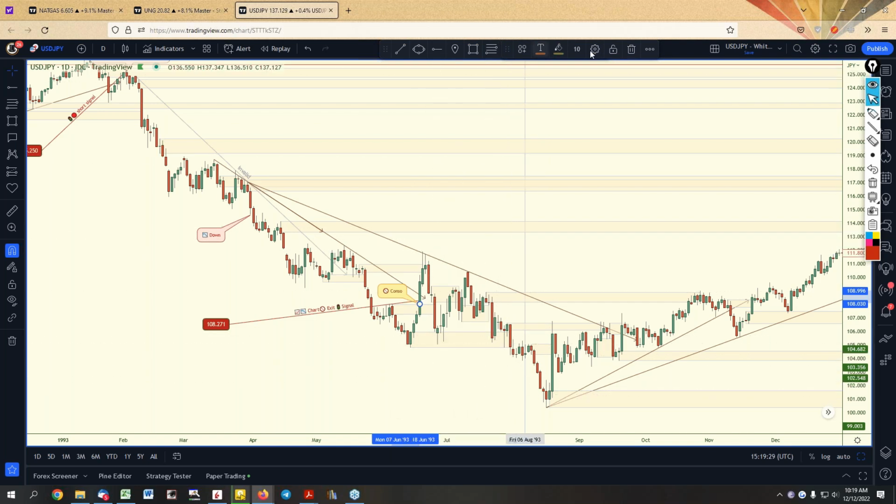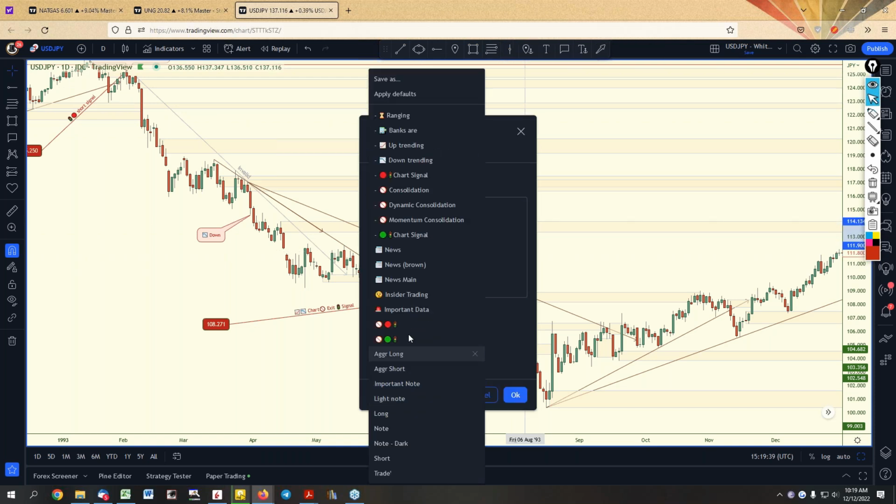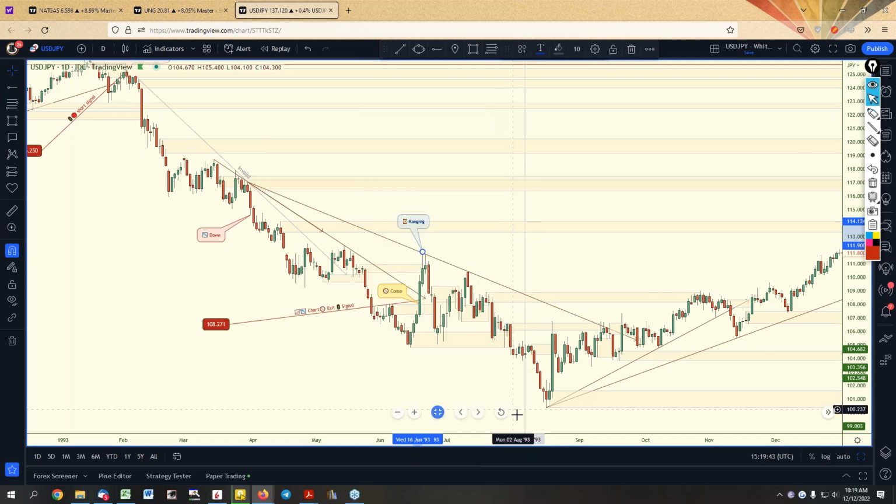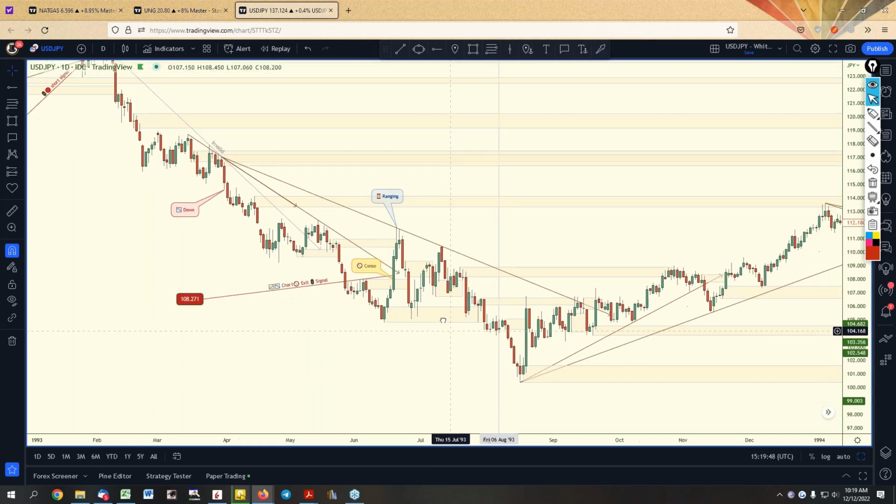Okay, removes the opposing. Now it's in ranging. Ranging, so now until it creates a proper trend to the downside, it just stays in ranging.